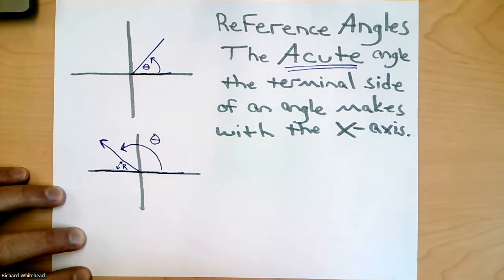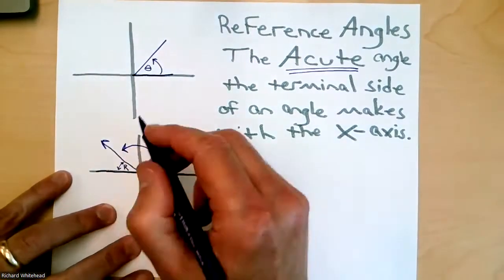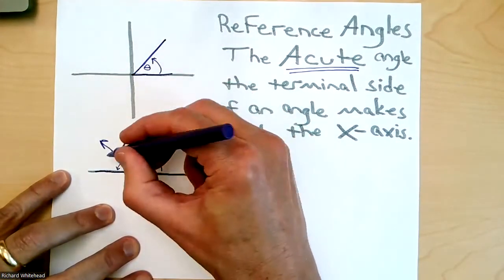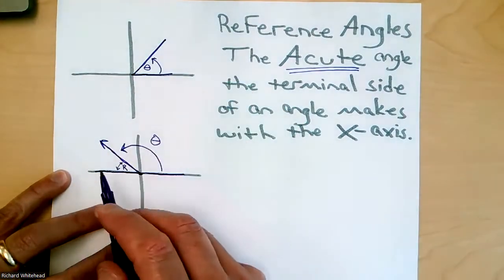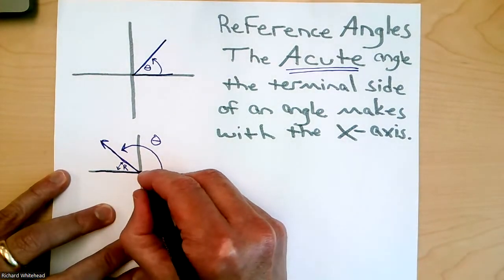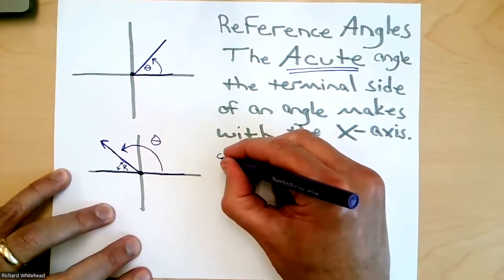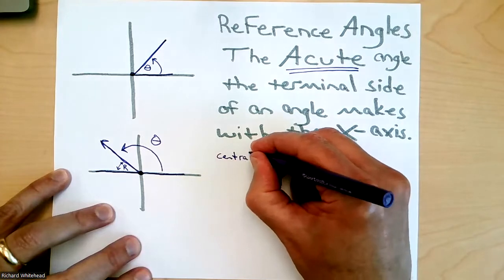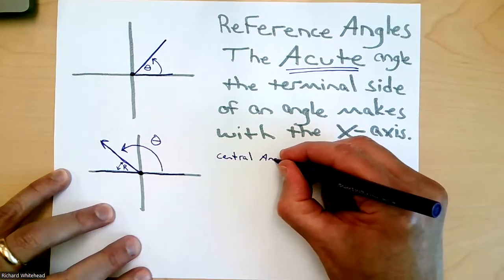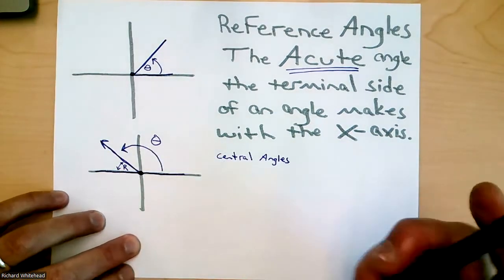The terminal side makes that angle with the x-axis. We call these central angles because they're made right there at the center, at the origin.